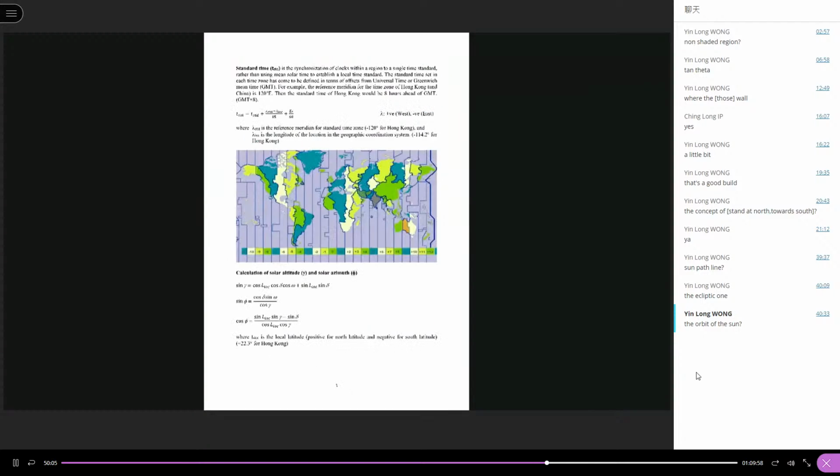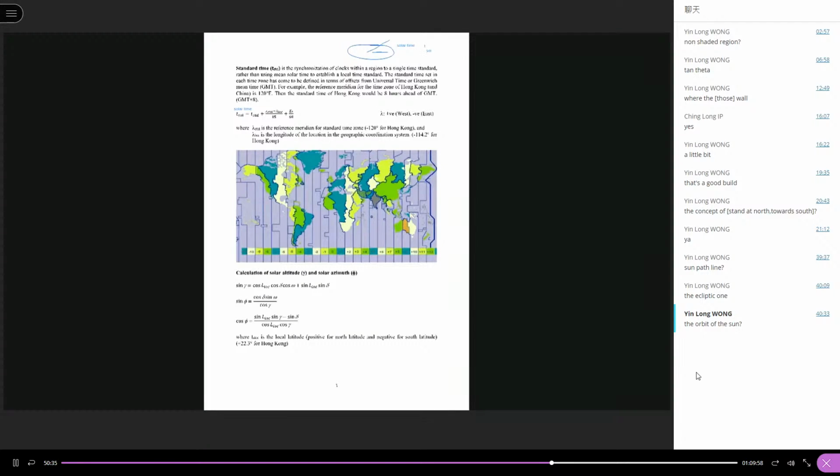And next is the standard time. We mentioned that by using the sundial, the shadows, we can tell the time, but this time is only solar time. This is the solar time, T-S-O-L.